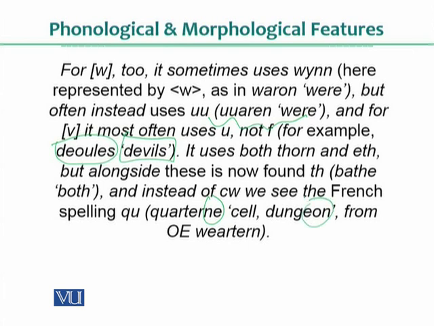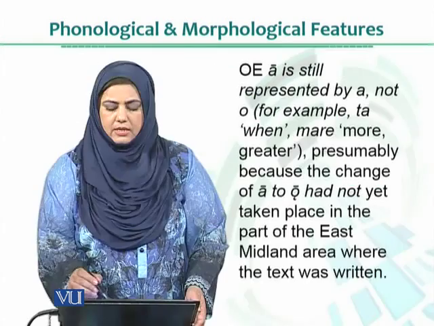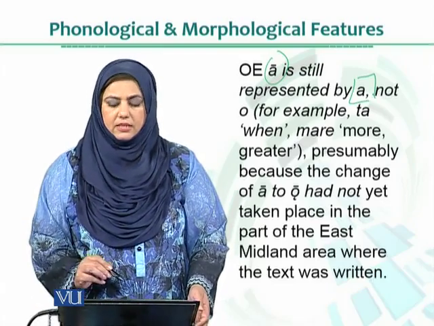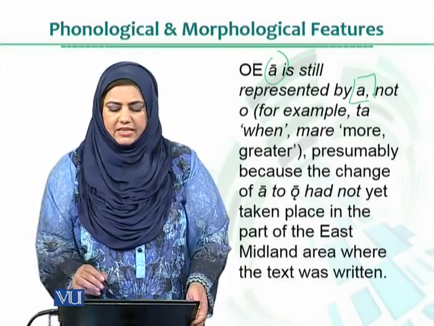the plural endings are used, how the vowel in this both is different from when it was used earlier. Now it is both. Old English is still represented by this in the sample text and not by this.